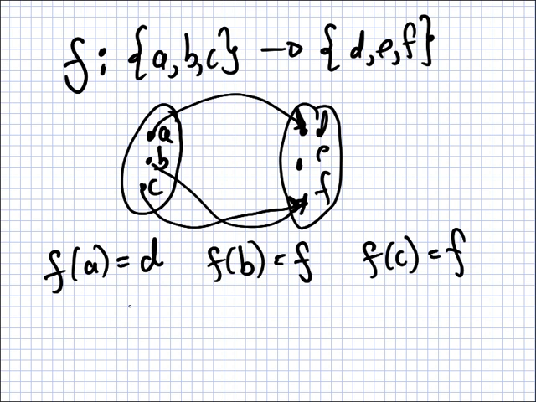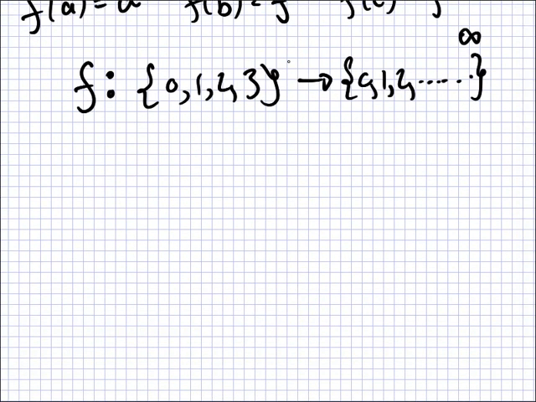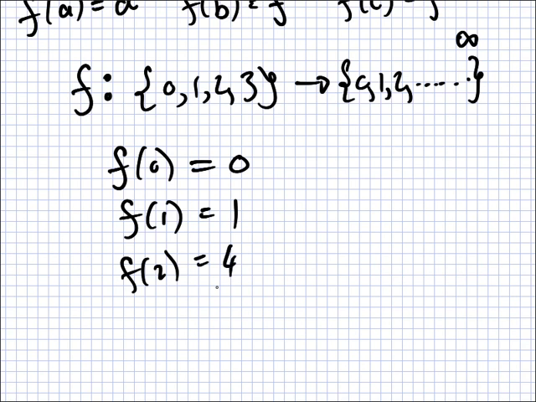Here's an easy one for you. f, let's say, is 0, 1, 2, 3, and that goes to 0, 1, 2, and keeps going. Maybe this one goes up to infinity. So maybe f of 0 gives 0, f of 1 gives 1, f of 2 gives 4, f of 3 gives 9.